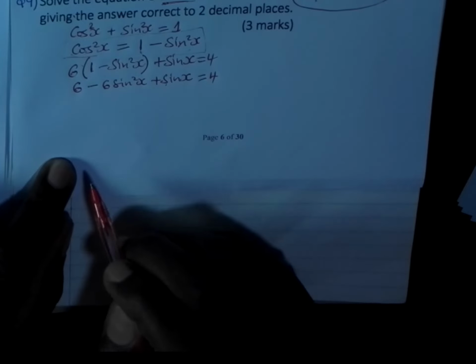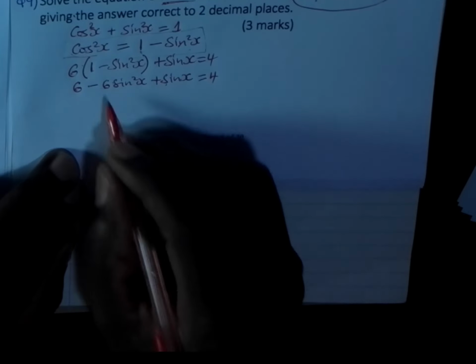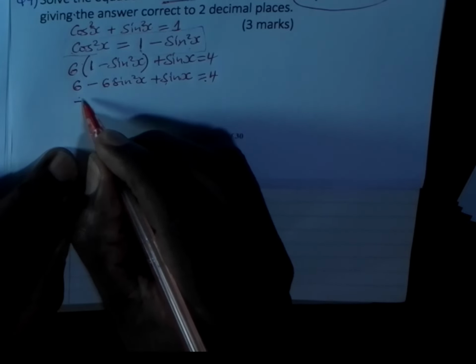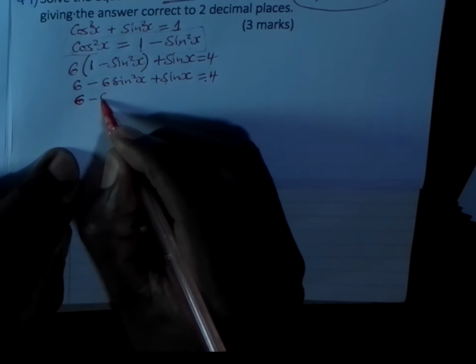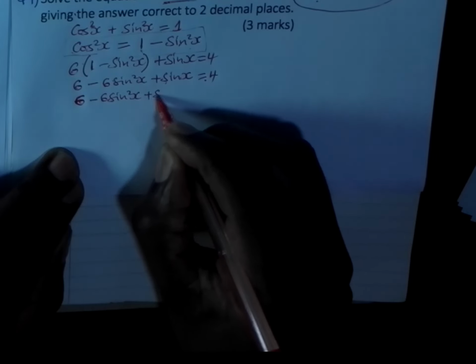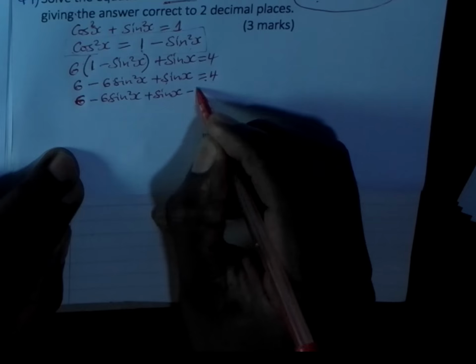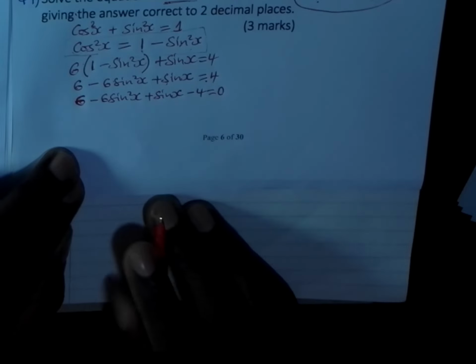So we can rearrange it such that we have 6 minus 6 sine x squared plus sine x minus 4 is equal to 0.